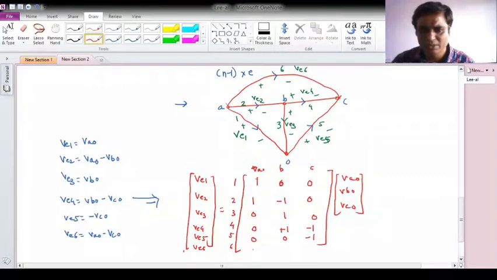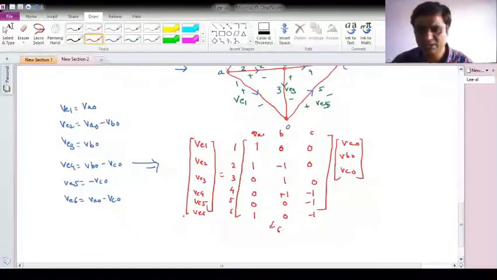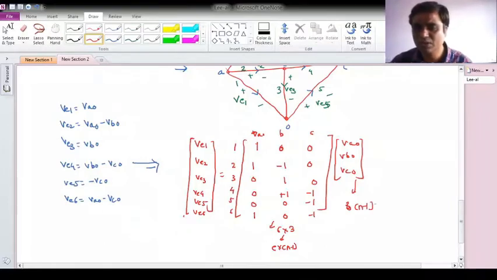Sixth is VAO, that is plus, and minus VCO, so it is minus. Okay, so what is the size? Size is here 6 by 3, so it is ultimately E into n minus 1 for this. And what is the size of this? It will be the number of nodes minus 1, that is n minus 1, into 1. What is the size of here?